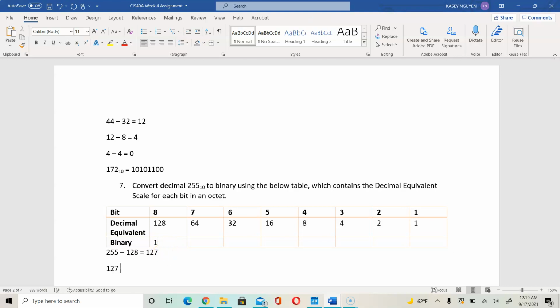And then 127, we would then subtract the next number, which is 64. As we subtract, we put a 1 there. And so for 127 subtract 64, we would be left with 63.